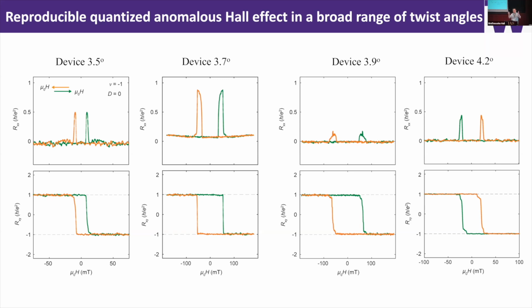So you can see there's a large range of twist angles. Here, I show you four devices with twist angles of 3.5, 3.7, 3.9, and 4.2 degrees. They more or less look similar: we have quantized Rxy at zero magnetic field with a suppressed Rxx.